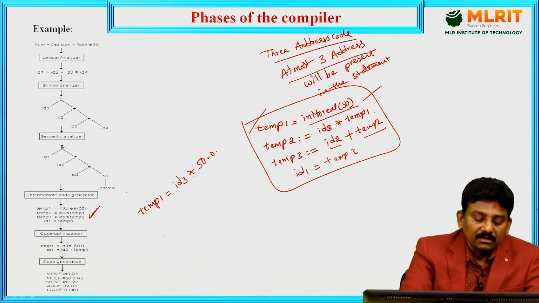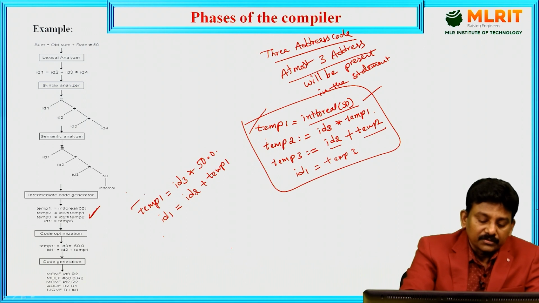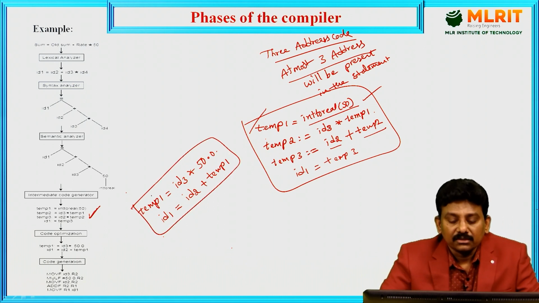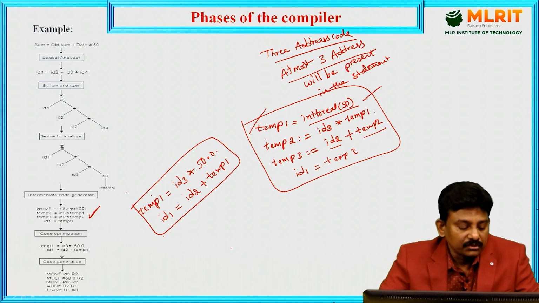Directly, rate into 50 is multiplied and stored in temp 1. Next, identifier 1 is equal to identifier 2 plus temp 1. So the intermediate code is reduced to only 2 statements.